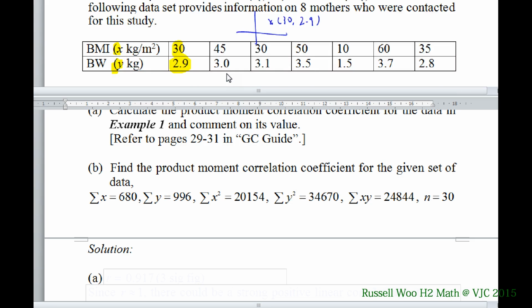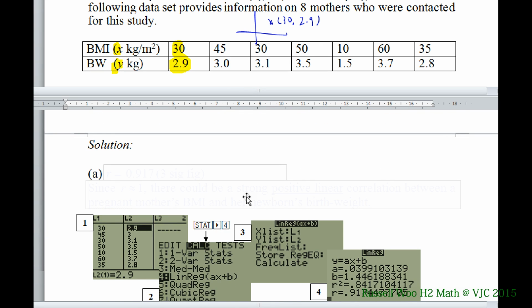Are we able to calculate the R from here? Actually, the outline is given. How do we do it? You just enter L1, L2 here. Then you go through 4 steps. Then you choose linear regression AX plus B, and then you will get this R out.